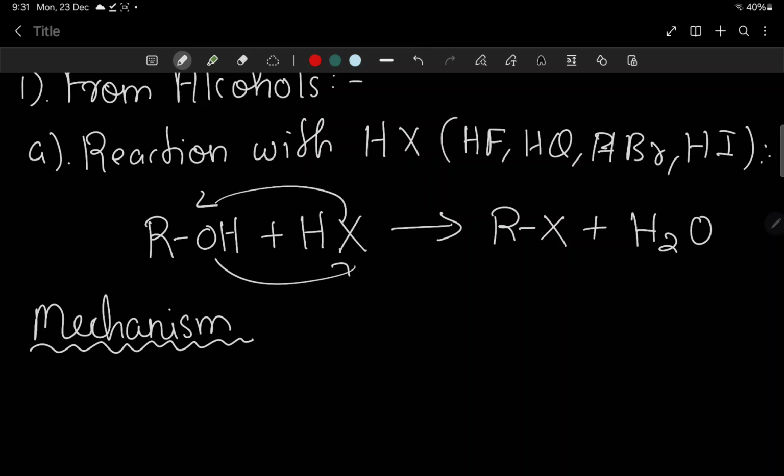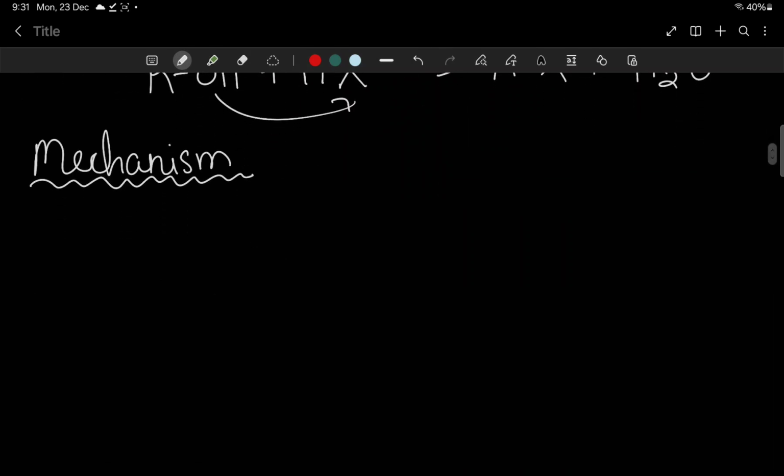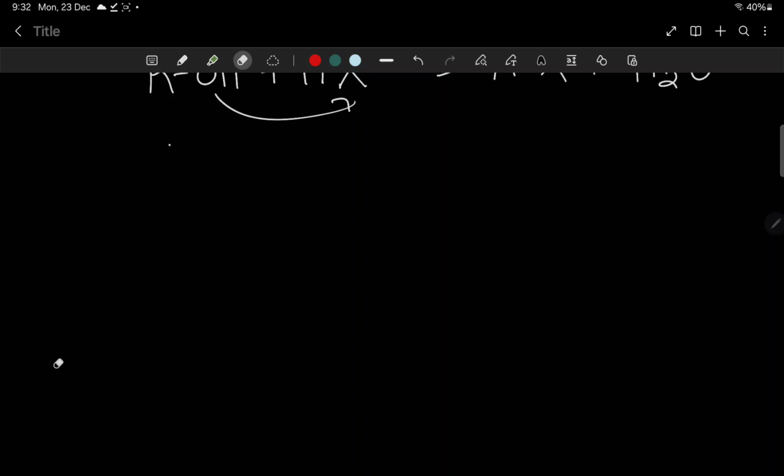This reaction can have two mechanisms if needed. I'll just tell you one thing. This reaction is very special.